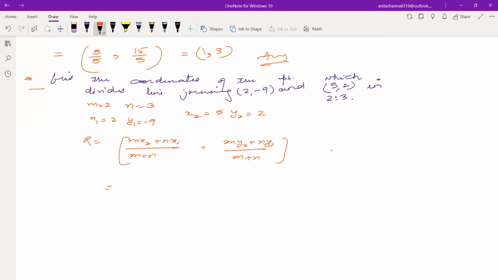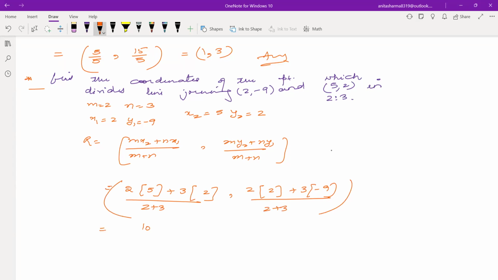Now m is 2, x2 is 5, plus n is 3, x1 is 2, divided by 2 plus 3, comma, m is again 2, y2 is 2, plus n is 3, y1 is minus 9, divided by 2 plus 3.